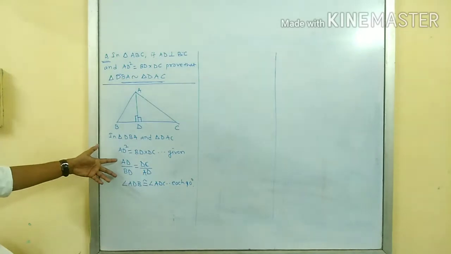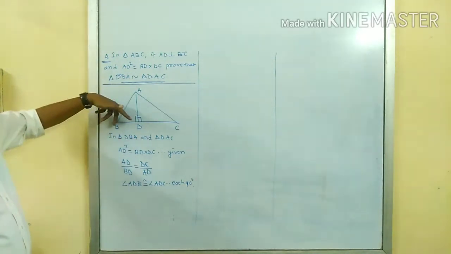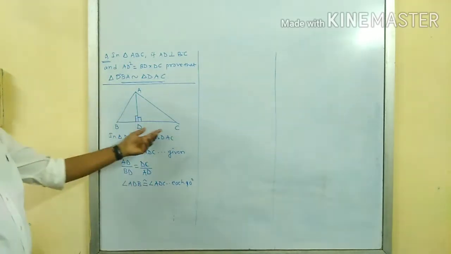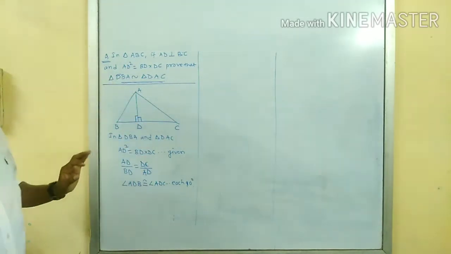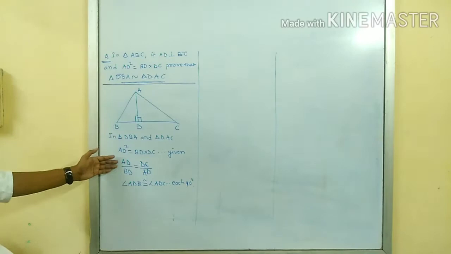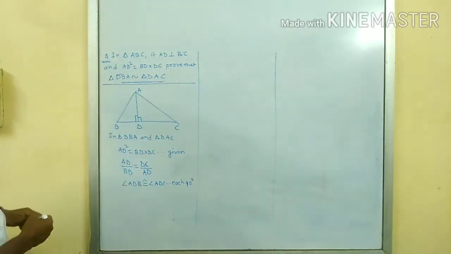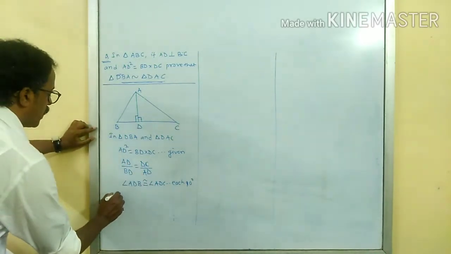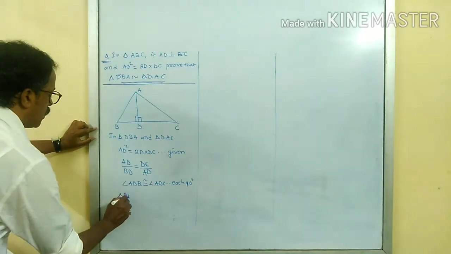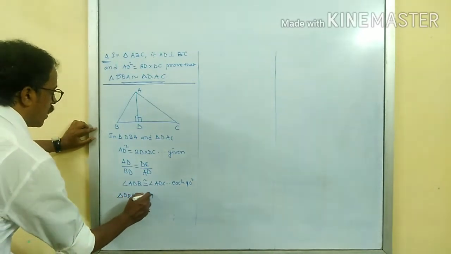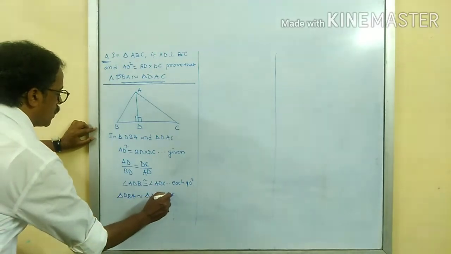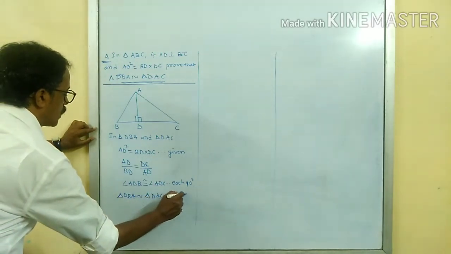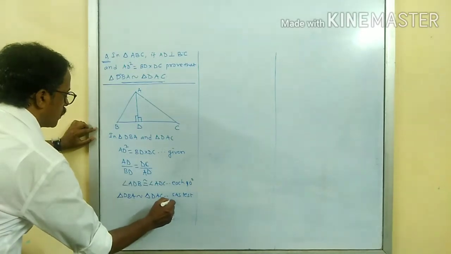The corresponding sides are in proportion: AD of this triangle, BD of this triangle, then DC of this triangle and AD of this triangle. So we could say by the SAS test of similarity that this pair, triangle DBA is similar to triangle DAC. By which test? SAS test of similarity.